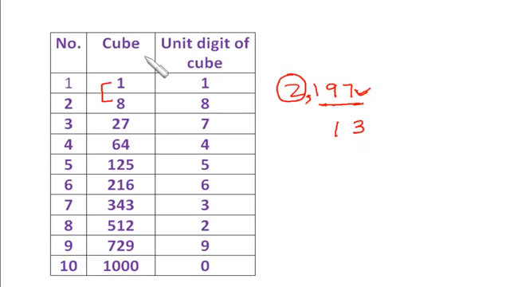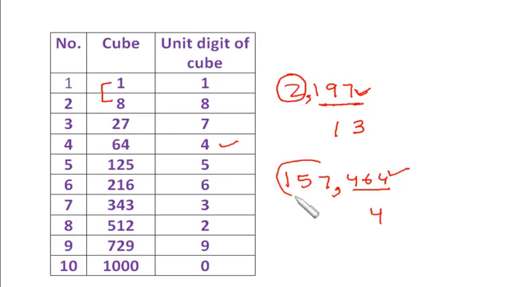Now let's take one more number. It's 157464. Now we have to make the sets. It's 464 and 157. Now the unit digit of this number is 4, so the cube root will also have unit digit 4.